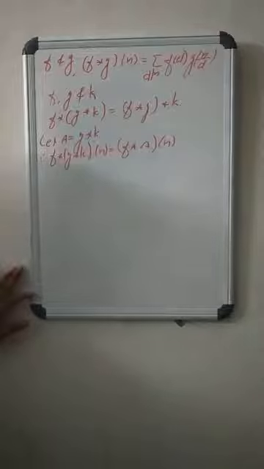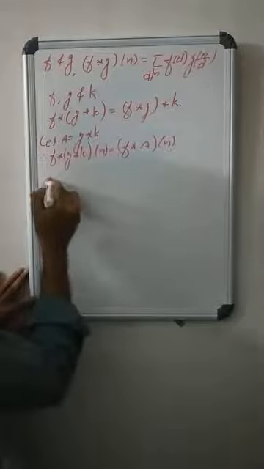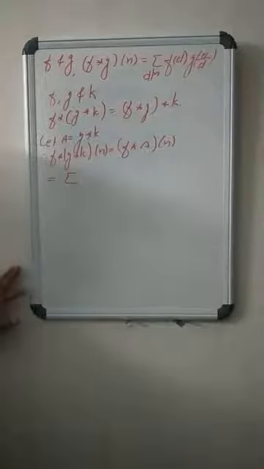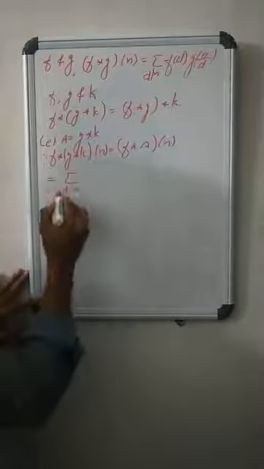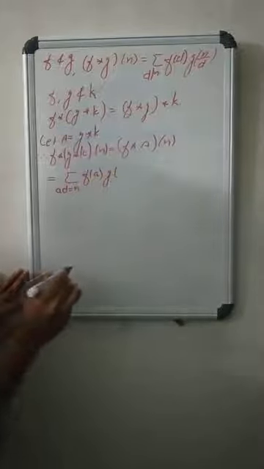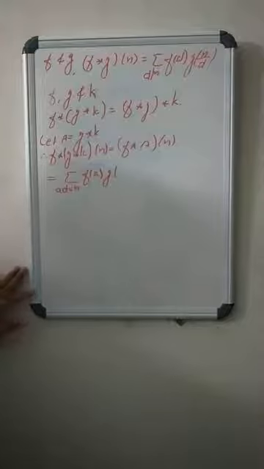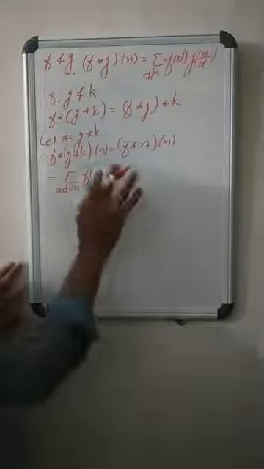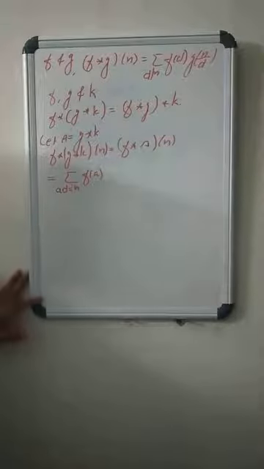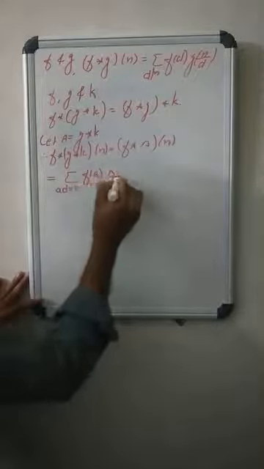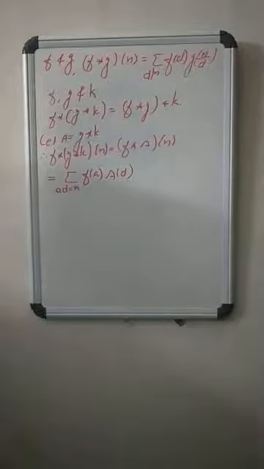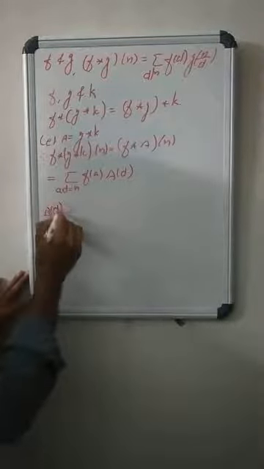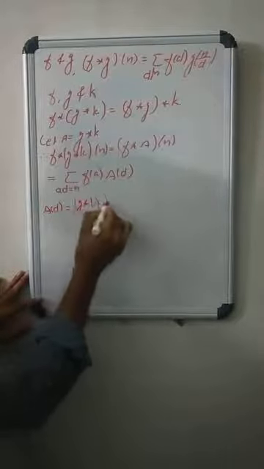What is (f star a)(n)? By the definition of the Dirichlet product, it equals the sum over ad equals n of f(a) times A(d). So what is A(d)? A(d) is (g star k)(d).